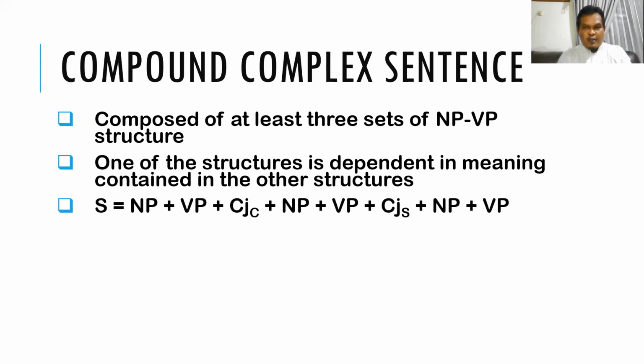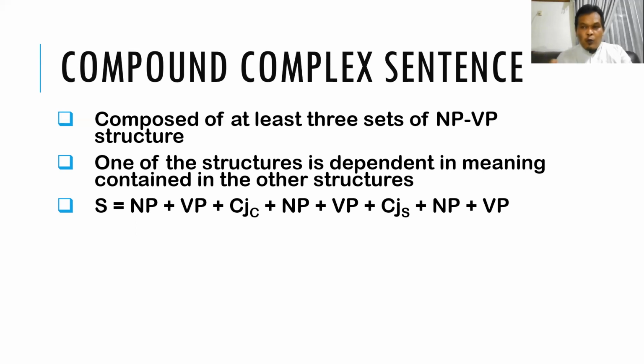Okay, now before coming to examples, you can see the structure of compound complex sentence. You can see that the sentence is composed of NP plus VP, and then we have coordinate conjunction, and another NP and another VP, and then followed by subordinate conjunction, and we have the other NP and VP.